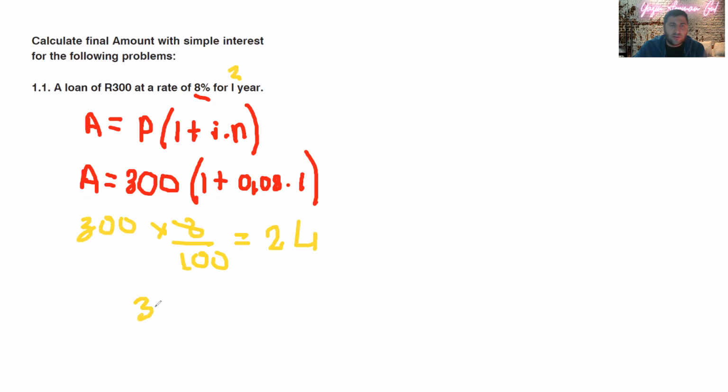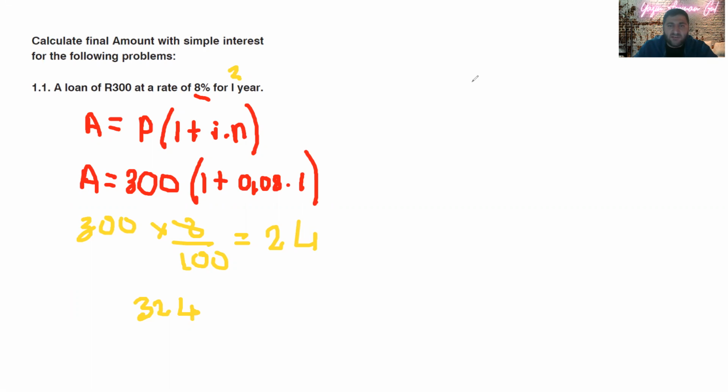The total loan will be 324, because 24 plus 300 is 324. If it was 2 years, remember once we find the simple interest, it doesn't change. Simple interest will remain the same every year.